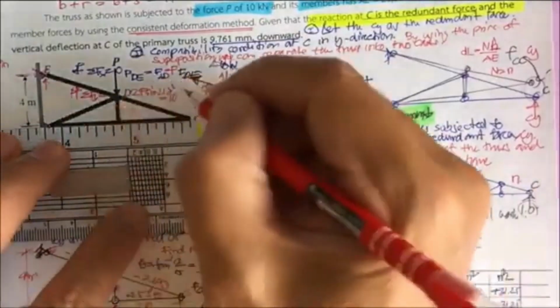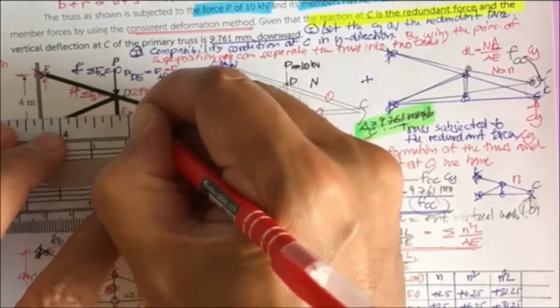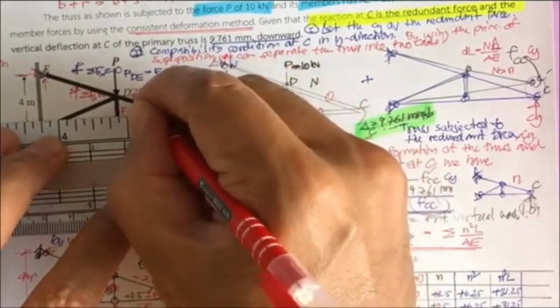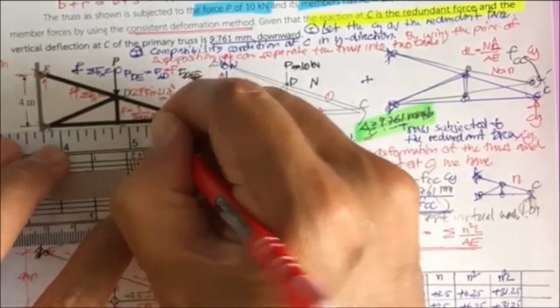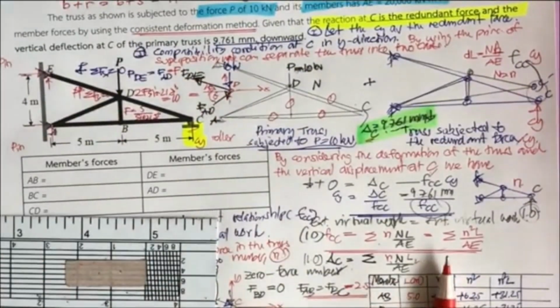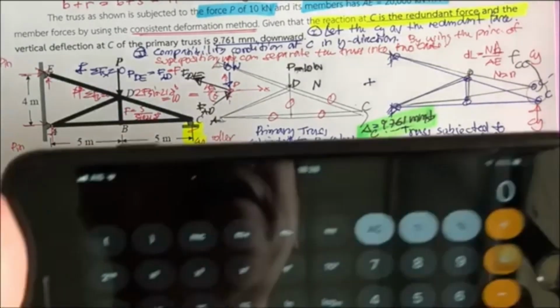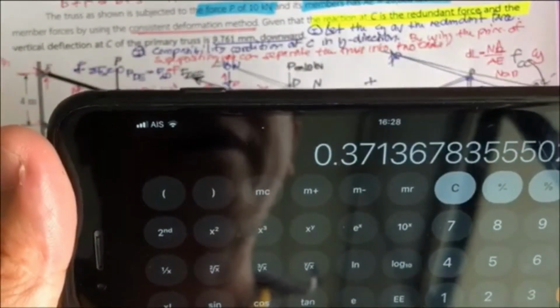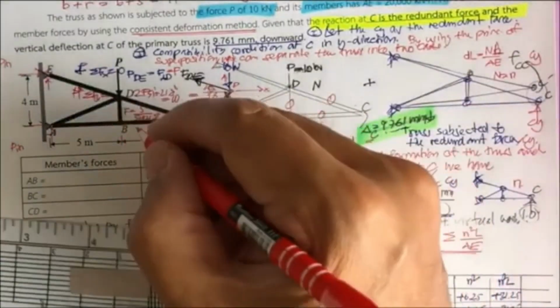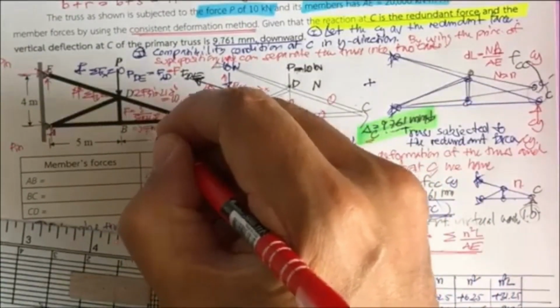So the F is going to be 10 divided by 2, like 5, divided by sine 21.8 degree. Sine 21.8 is 0.3714.